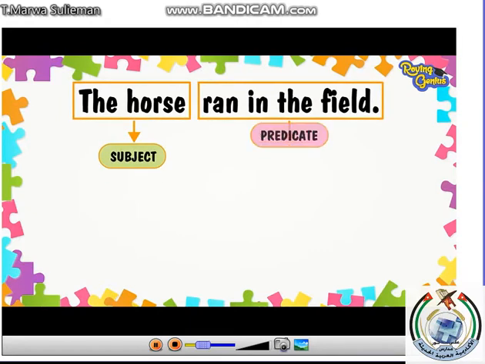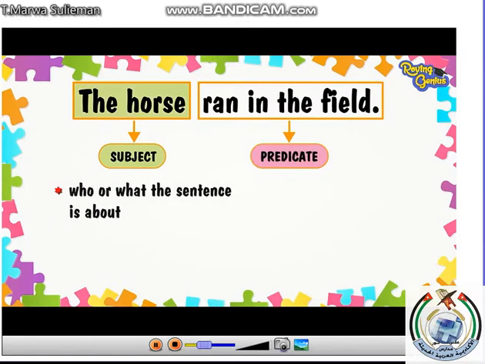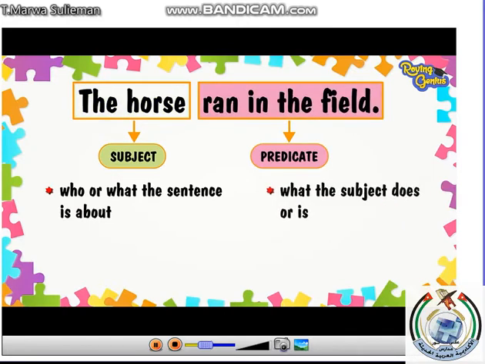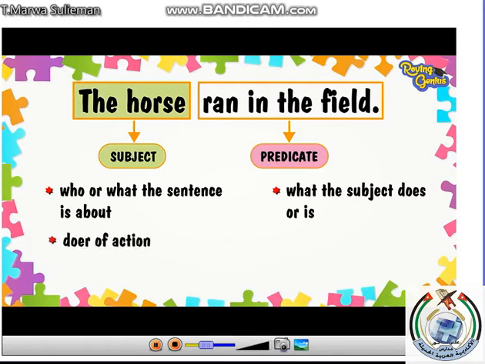Subject and predicate are two parts of a sentence. The subject tells who or what the sentence is about. The predicate tells what the subject does or is. The subject is the doer of the action.